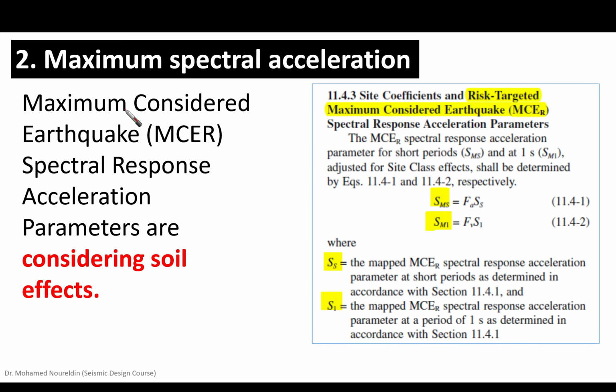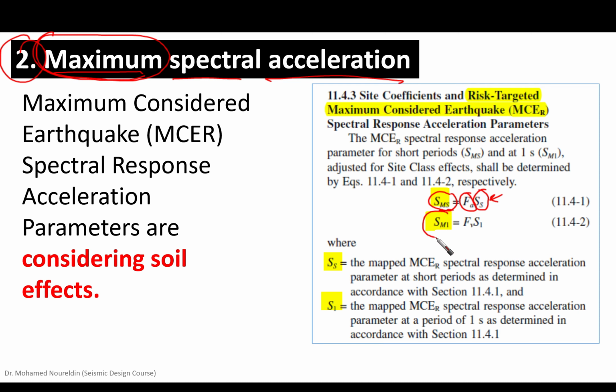After obtaining the FA and FV from these tables, what we're going to do is get what we call the maximum spectral acceleration. Maximum here means due to the effect of soil. So we are going to say that S maximum for short periods would equal FA times S sub S, which we have already obtained from the maps.